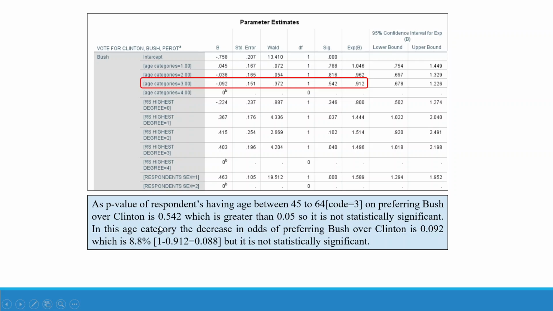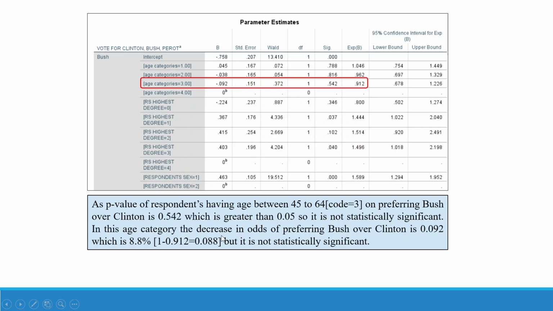Age category 3, negative. So what does it mean? People prefer Clinton over Bush. So as the p-value of respondents having age between 45 to 64, code 3, preferring Bush over Clinton is 0.542, right? Which is greater than 0.05, so it is not statistically significant. This is also negative.